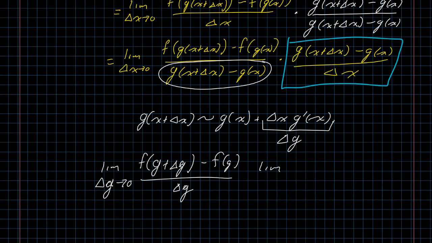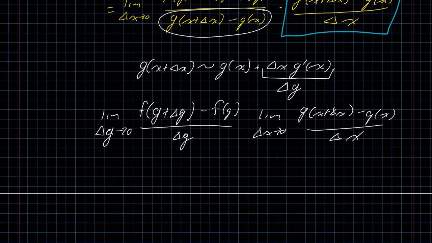And then we still have the limit as delta x goes to 0 of the second factor, g of x plus delta x minus g of x, all over delta x. That second thing we said very nicely was just g prime of x. This first thing looks weird, but we can find a way to make that look like f prime of g, and g is of course still a function of x.